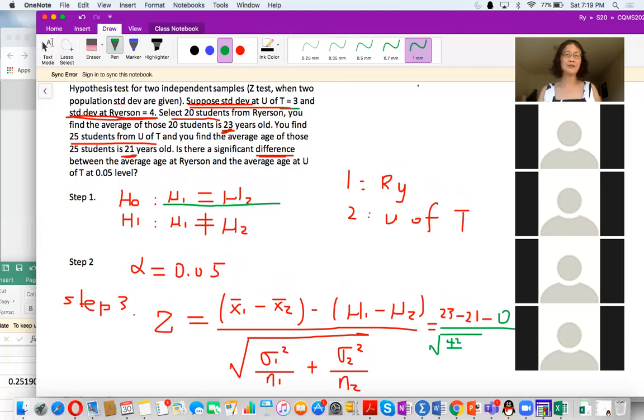Where is Ryerson? 20. 20 is n1. And plus standard deviation at U of T, which is 3 here. So 3 squared divided by how many from U of T? 25. Okay, from U of T.